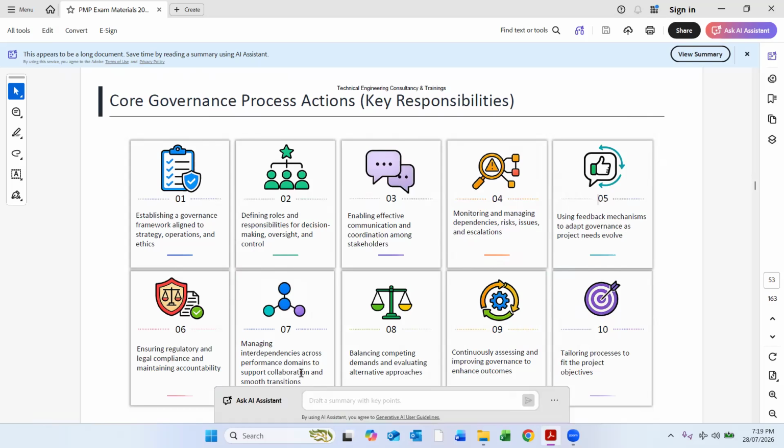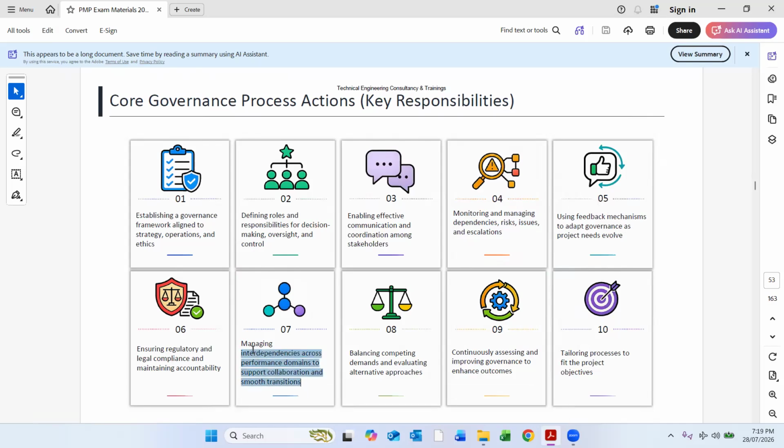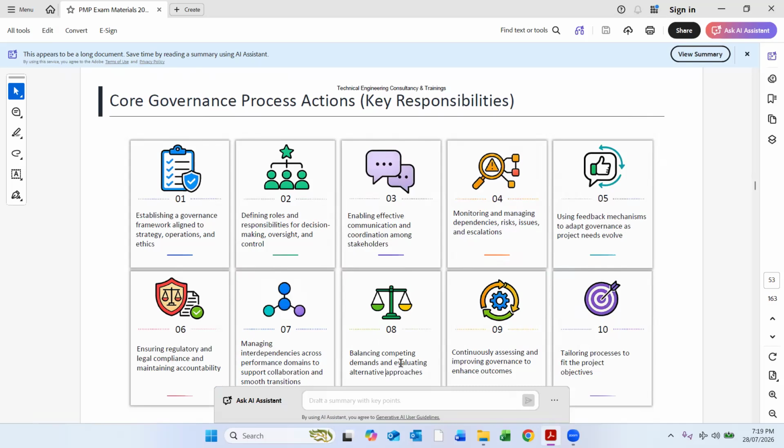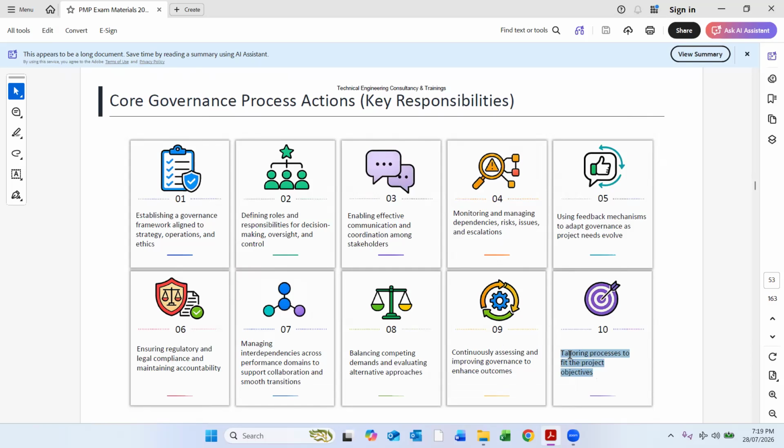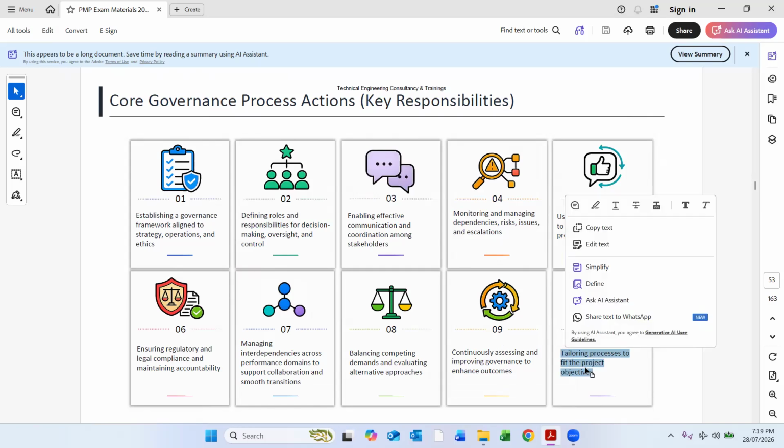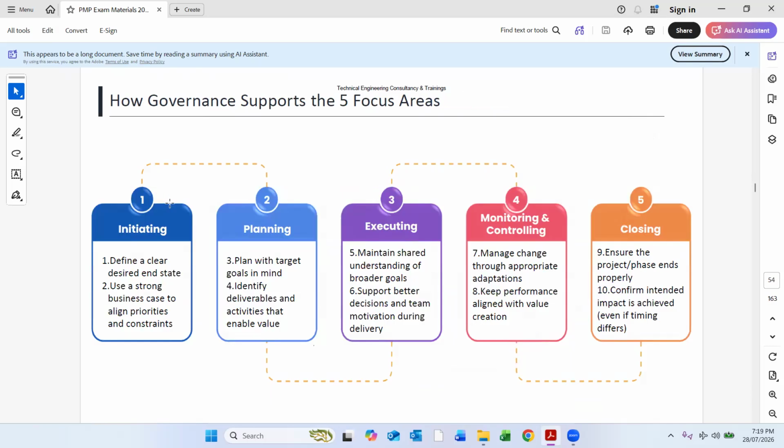Also manage interdependencies across performance domains to support collaboration and smooth transition, balance competing demands and evaluate alternative approaches, and continuously assess and improve governance to enhance outcomes. Tailor the processes to fit the project objectives. These are all the key responsibilities of core governance.